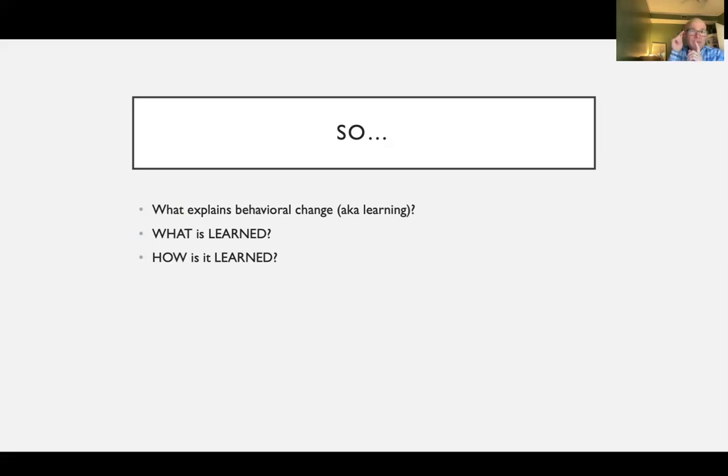However, if that same bad word is said and it leads to a punishment from a parent, either a removal punishment where I take away your toy, or I present you with some sort of adverse punishment, like shock the child, which of course we don't do, then that would be a positive or presentation punishment. That's going to lead to a decrease in the behavior. So what is learned? That association between the behavior and the consequence.